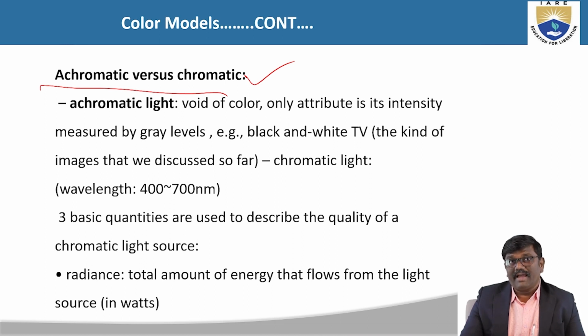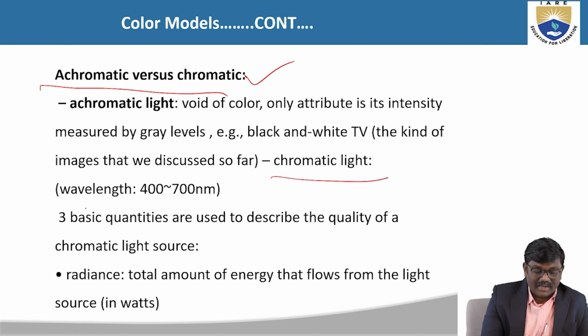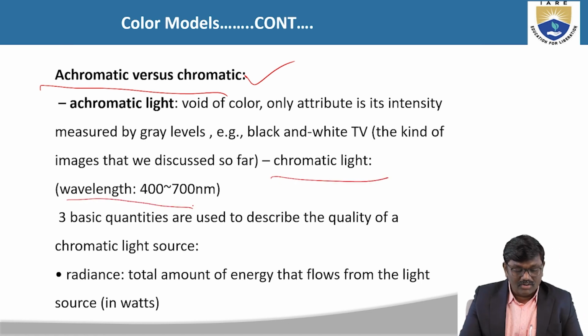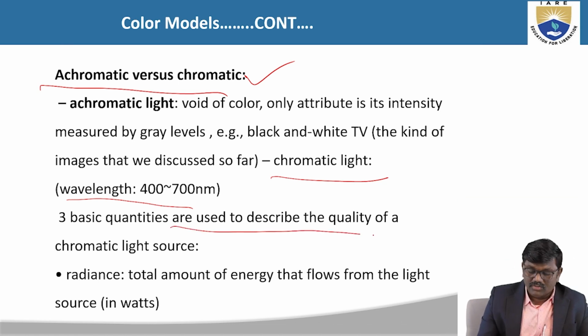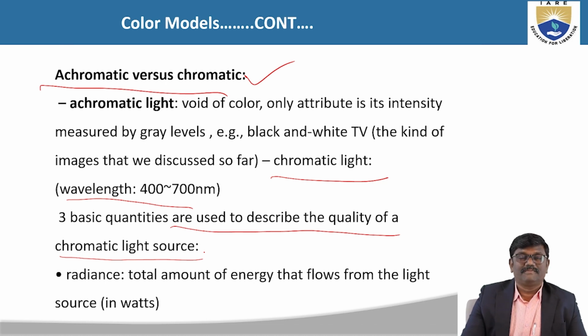So chromatic light has a wavelength of around 400 to 700 nanometers. The three basic quantities are used to describe the quality of a chromatic light source.